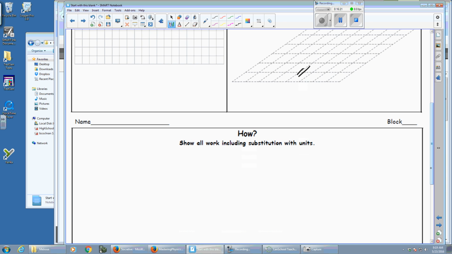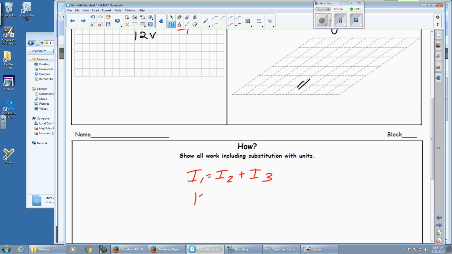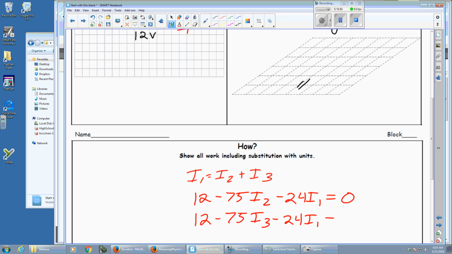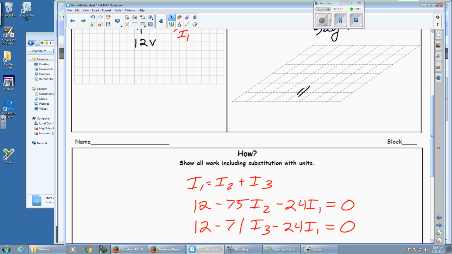I set mine up to be I1 equals I2 plus I3, and then I have 12 minus 75 I2 minus 24 I1 equals 0, and 12 minus 75 I3 minus 24 I1 equals 0. Oh, not 75, excuse me, 71.